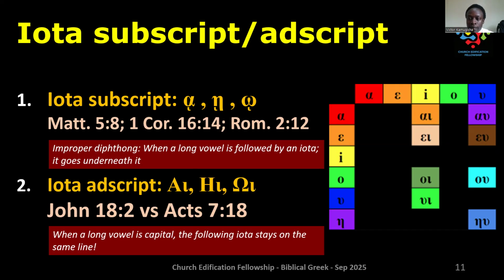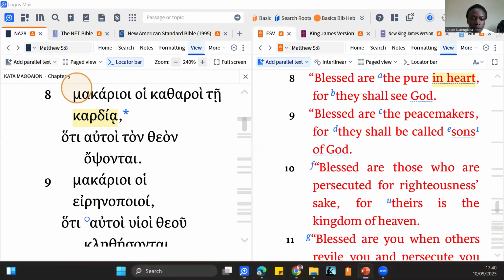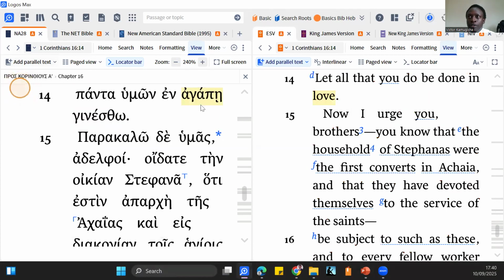Let us look at some verses for purposes of illustration. I'll begin with Matthew 5:8. I'm looking at the word for love, agape. You see there is a kind of small L under the eta. It means this was an iota that was following the eta. So you shouldn't wonder what this is. That's an iota subscript.